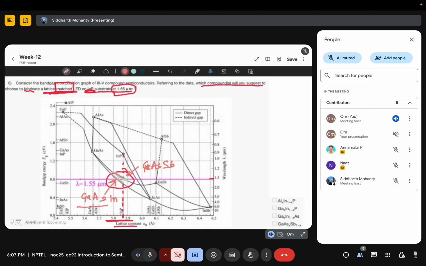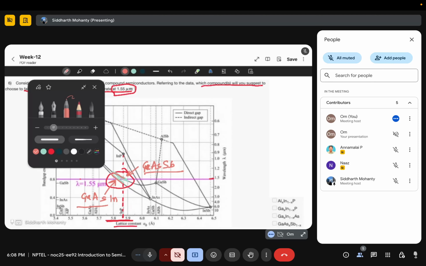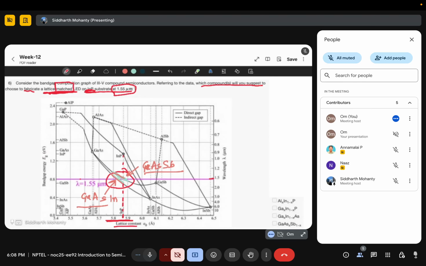So these compounds will give you the desired lattice matched LED with 1.55 micrometer of wavelength. So it should be these two.